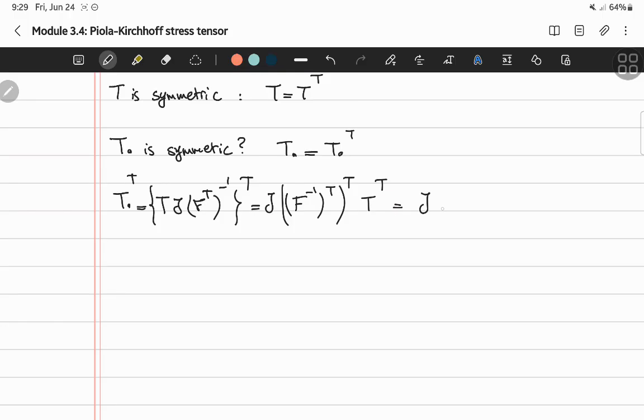So this becomes J, so this becomes F inverse. Then we have T transpose is again T. So you see here, is this equal to T0, J T F inverse transpose? No, they are not equal. Therefore, T0 is not symmetric. So the first Piola-Kirchhoff stress tensor is not symmetric. All right.